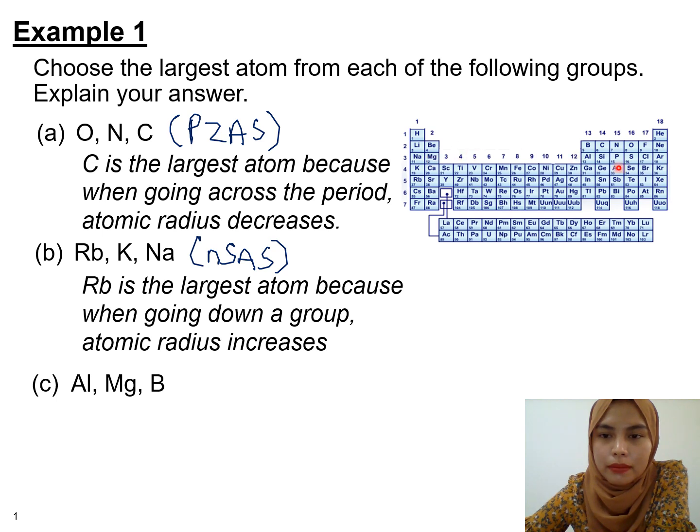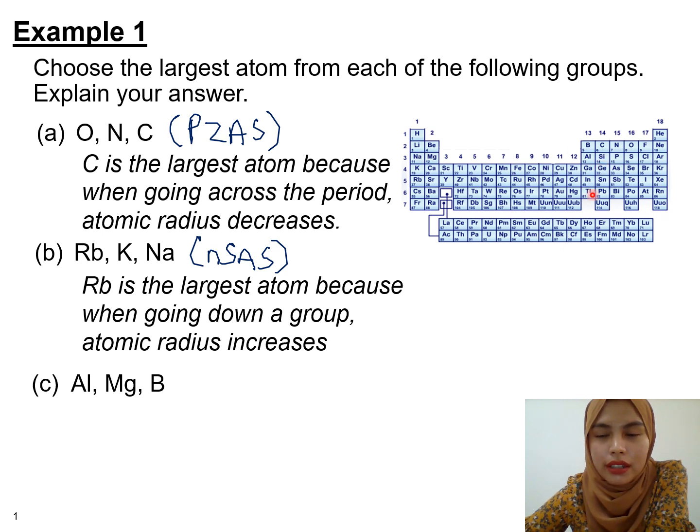Although Al ni sama period dengan Mg, tetap Mg akan jadi the largest atom. Okay, sebab Mg size dia akan lagi besar berbanding boron, and because Al dia sama period tapi Al kat belakang sikit, tapi Al size dia akan jadi kecil sebab across the period size kecil.